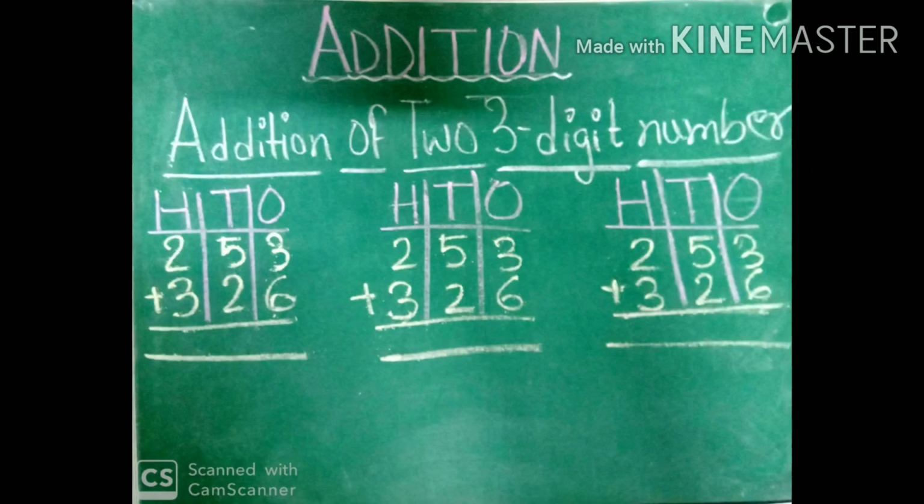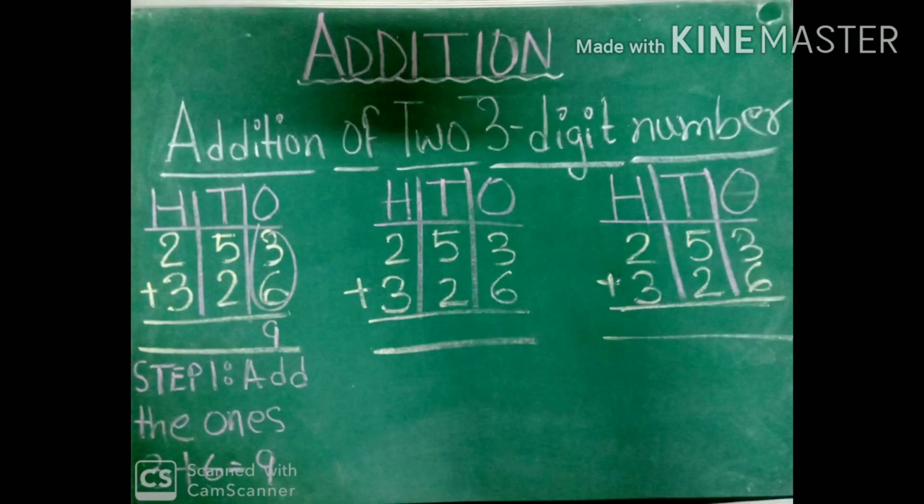Look at the given example. I have again divided this into 3 steps for you to understand easily. The very important point, never forget to write HTO before adding. So, let's get started. We are going to add 253 plus 326.